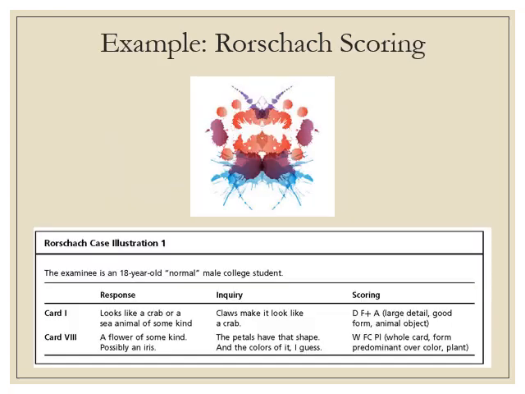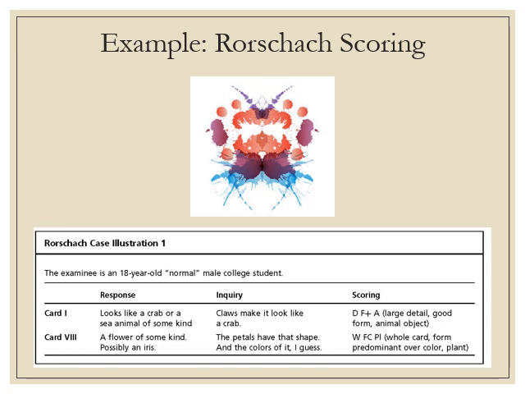So this is an example of how the Rorschach might be scored for an individual item. This case illustration is not based off of that picture. I just have the picture there for reference for what type of thing you might be looking at. So for card 1, the individual, an 18-year-old male college student who doesn't have any diagnosed mental illness that we know of, responds, this looks like a crab or a sea animal of some kind.